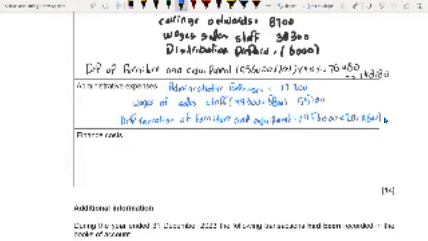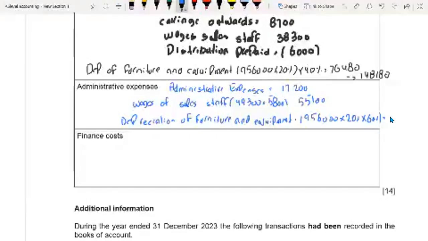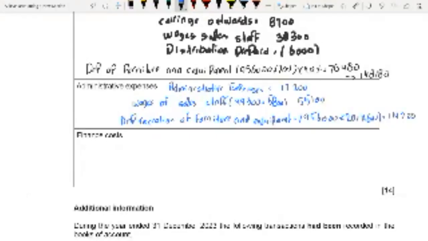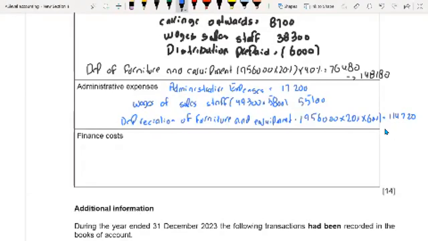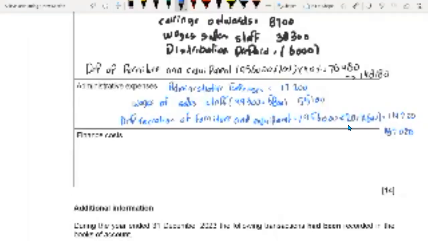This gives us the answer, which is 114,720. So this is the administrative expenses part. Altogether, if you add these three, you have the administrative expenses, which is 187,020. Okay, so now let's see the finance cost.